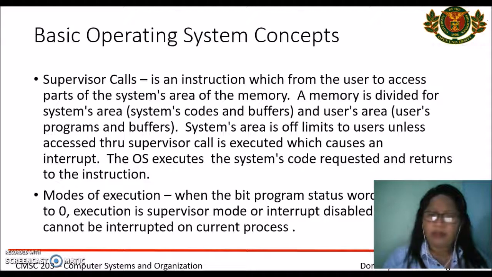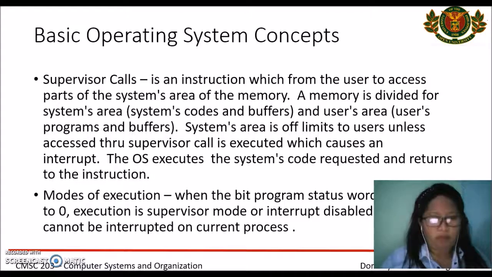System areas are off limits to users unless accessed through a supervisor call or privileged call, which is executed and causes an interrupt. So you are handing over the control of the system area to the user when it uses a supervisor call. Then the user executes the system code requested and returns to the instruction.